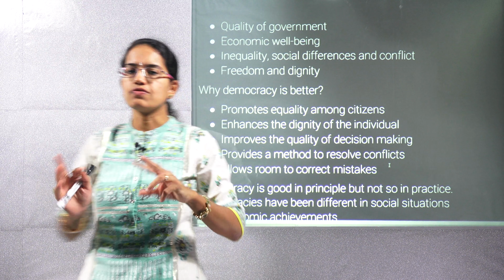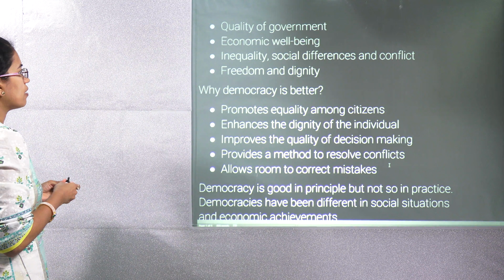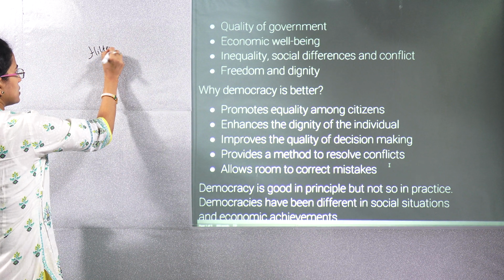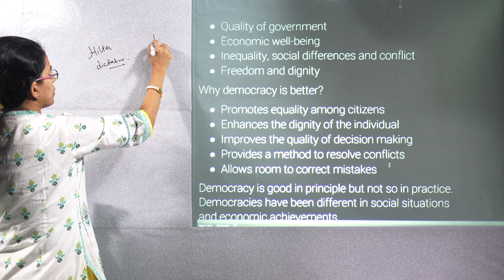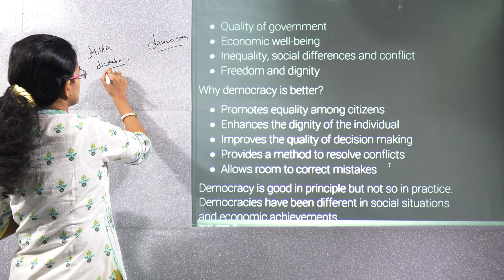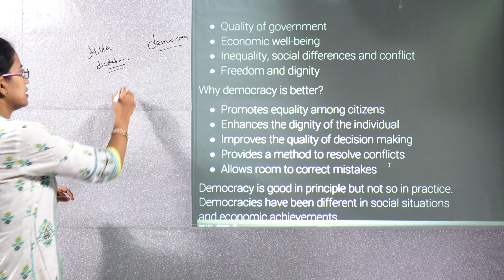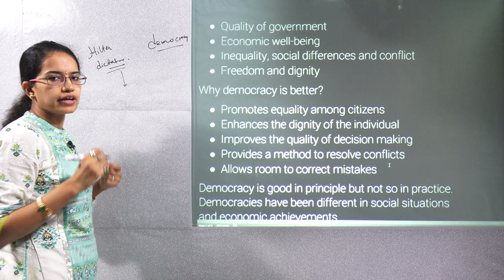Now let's have two examples. Let's say I have an example where I have Hitler as a dictator and another nation where you have democracy. Now what would happen in the two examples? In the example where you have a dictator, he has the independence to take any decision anytime he wants.